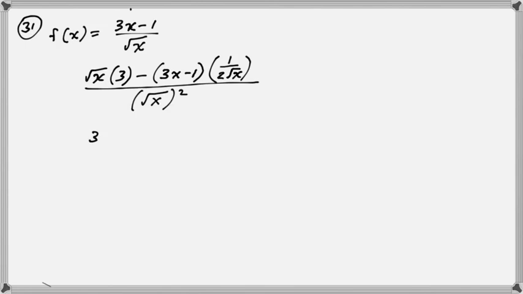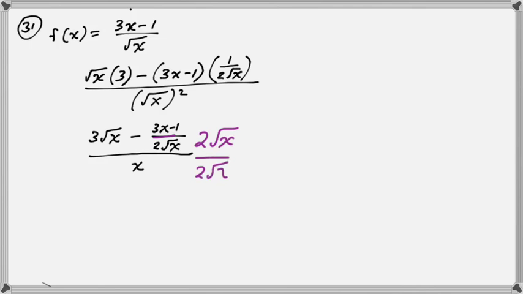So this becomes 3 radical x minus 3x minus 1 over 2 radical x, all divided by x. I won't take a fraction in a fraction, so I'm going to get rid of it by multiplying by what it was divided by, 2 radical x.